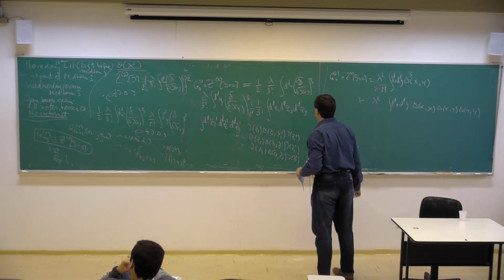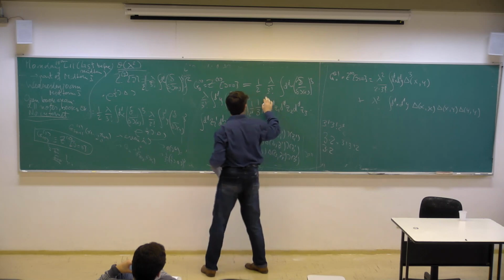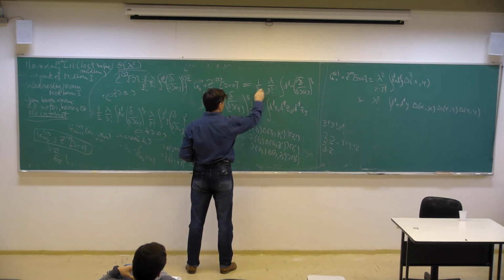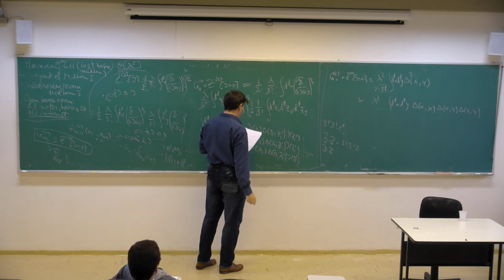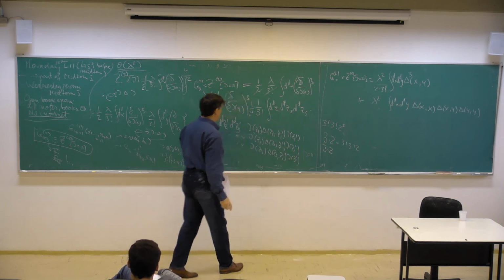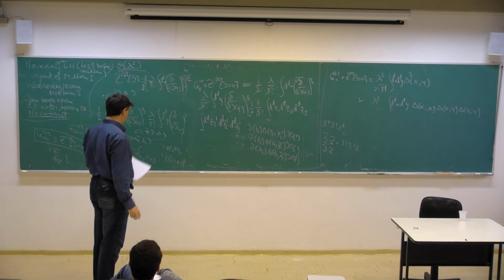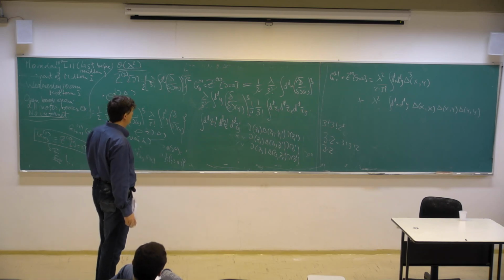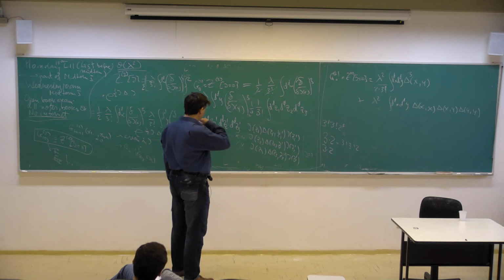Okay, so now I still have this, but now I cancel instead this. Wait, I'm still missing a 3 factorial. Where did I miss the last 3 factorial?